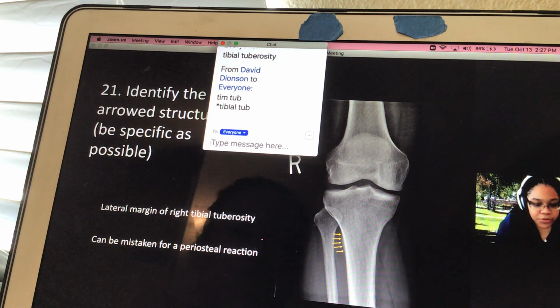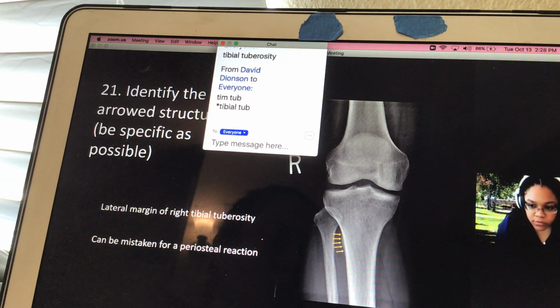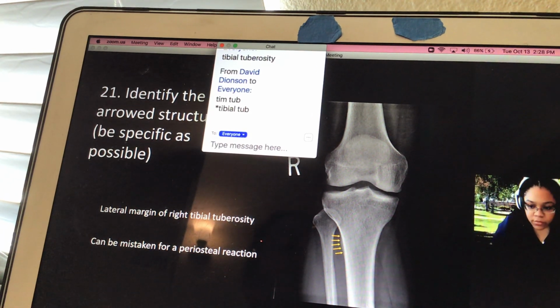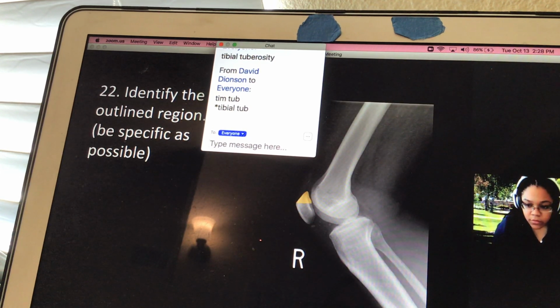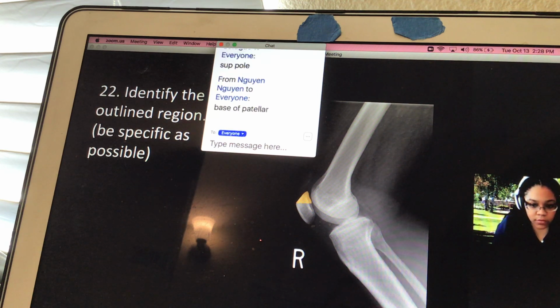That is our tibial tuberosity. So yeah, the base or the superior pole of the patella. Perfect.